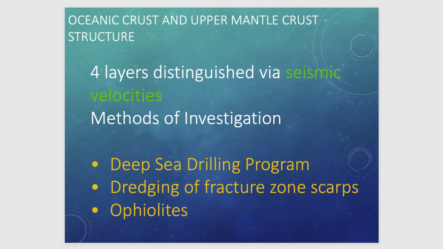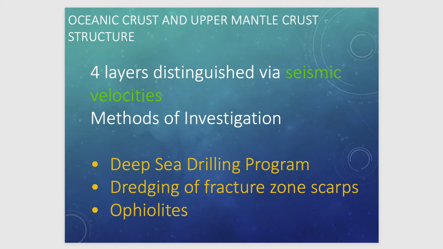Further work has considered the dredging of fracture zones on scarps, and also the study of ophiolites, which are essentially fragments of mid-oceanic ridges that are obducted on top of an orogen. So when we have thrusting in a big orogeny, we can actually bring up a significant amount of oceanic crust, and this will result in the ophiolites.